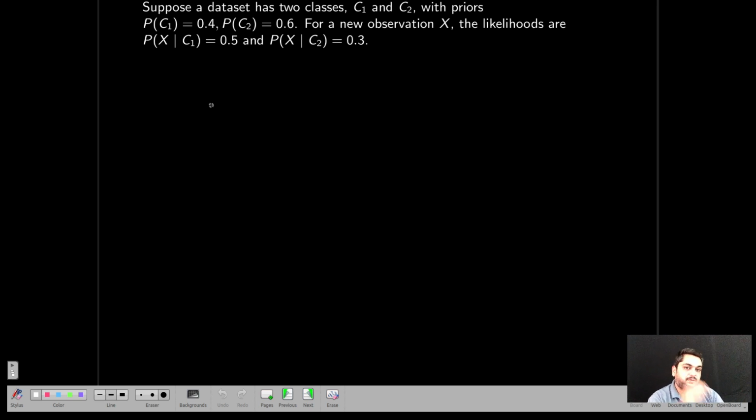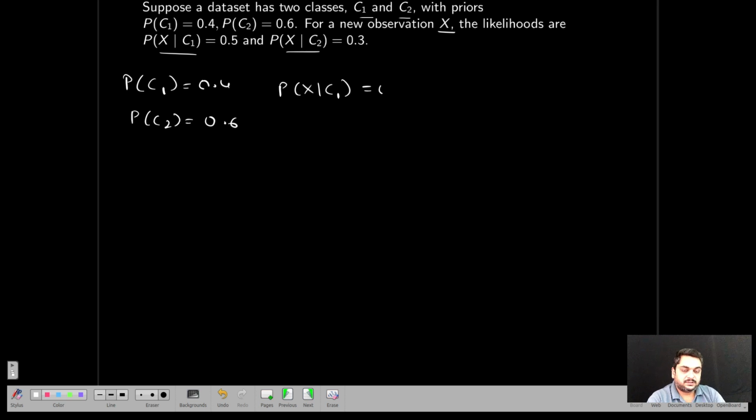Let us take an example, and you'll understand. Suppose the data set has two classes, C1 and C2, with prior probabilities given. The prior probability of class 1 is 0.4, and the prior probability of class 2 is 0.6. For a new observation X, the likelihoods are given like this: P of X given C1 is 0.5, and P of X given C2 is 0.3.